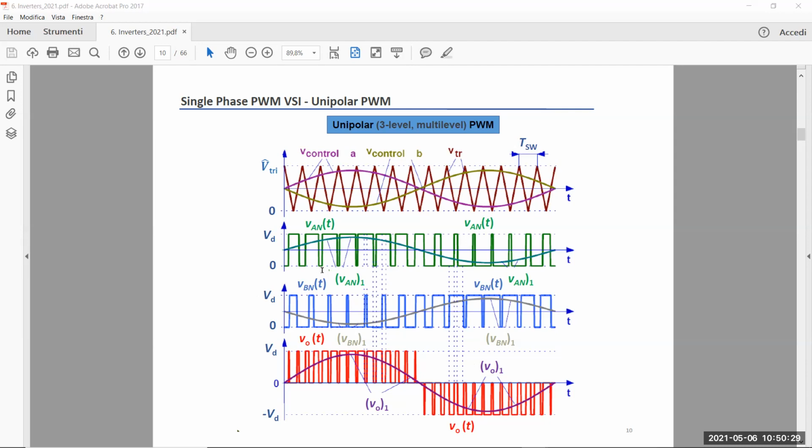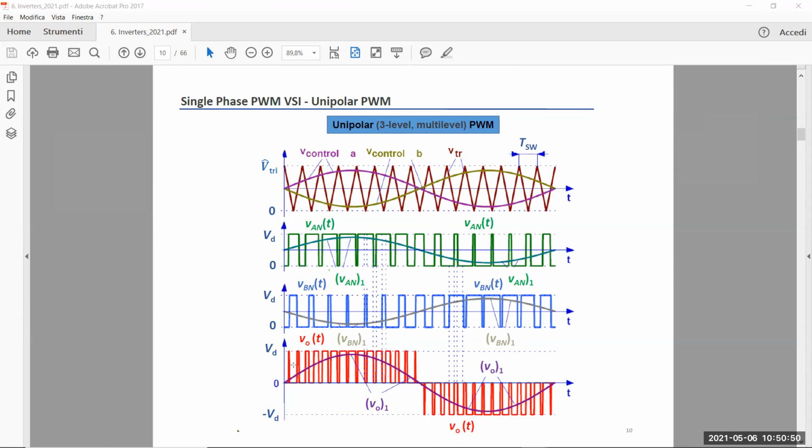Of course, we have a phase shift because the two control voltages are shifted by 180 degrees. So when you take the difference, you get the red one. The difference between VAN and VBN is the output voltage V naught. This is the instantaneous voltage you get at the output, not the modulated one.